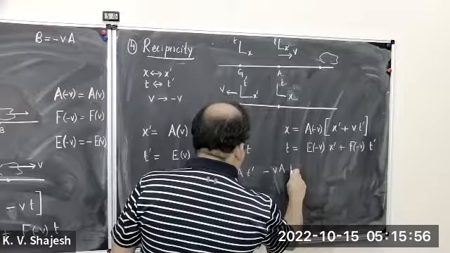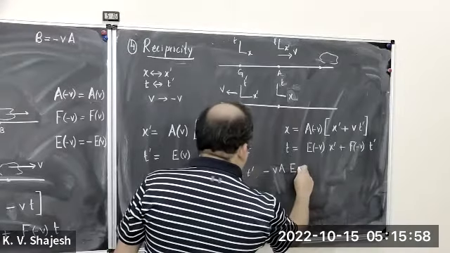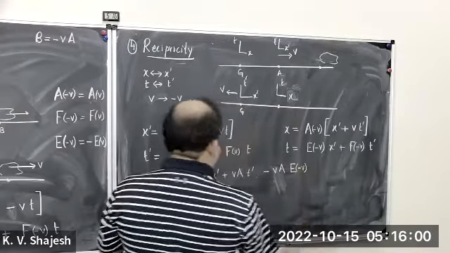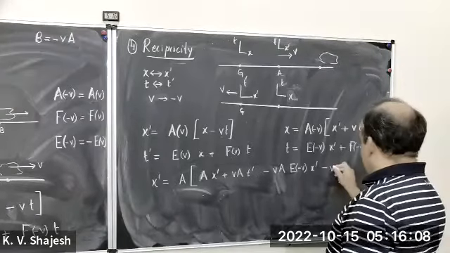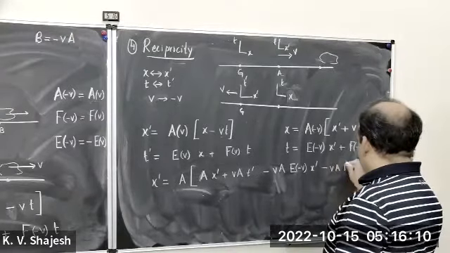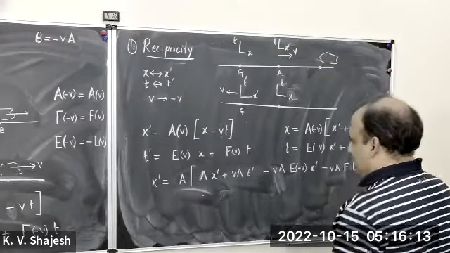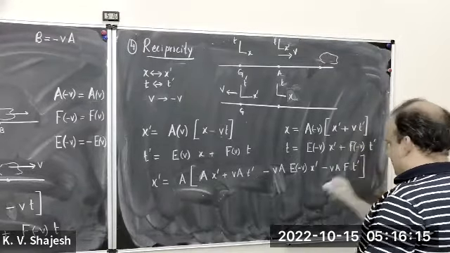And then I'm substituting t, which is e of minus v times x prime, thank you, minus v times a again times f times t prime, correct? I think so.